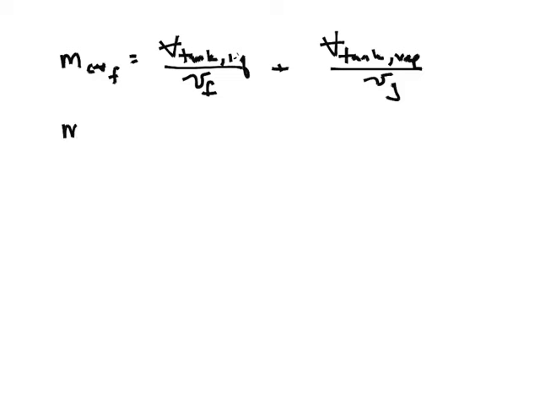Let's plug in those values because we have everything we need here. And remember, these are the values from the previous slide that we just got off of the saturated water tables. Those are the values in the denominator here.